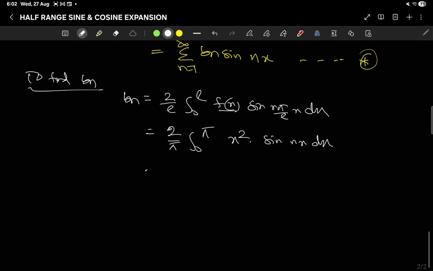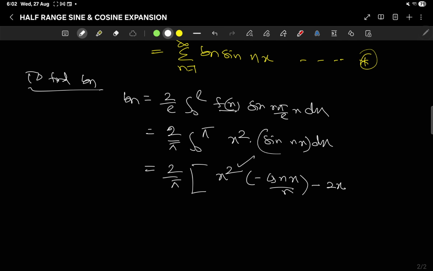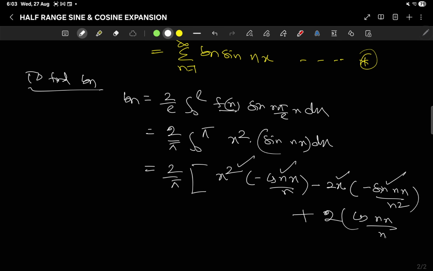So integrate by parts here, it is 2 by pi, it is x square, sine n x, the integration is minus cos n x by n, put a negative sign, the derivative of x square is 2x, integration of this is minus sine n x by n square, put a positive sign, the derivative of 2x is 2, the integration of this is cos n x by n cube. Okay, limit is 0 to pi. So within 0 to pi, here sine n x is 0.